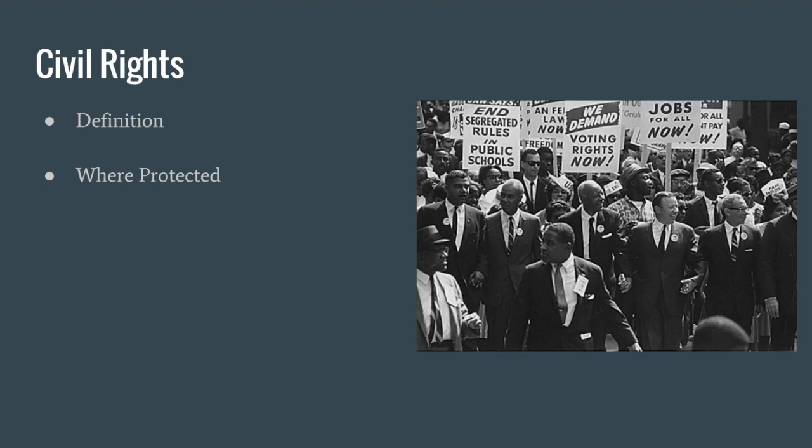So, for example, in California, we have something called the Unruh Civil Rights Act, passed in 1959. It's named after its author, Jesse Unruh, that protects people from discrimination based on race, gender, religion, disability, and other factors. And in a lot of states, like California, protections that we have within the states go above and beyond what's protected by the federal government.